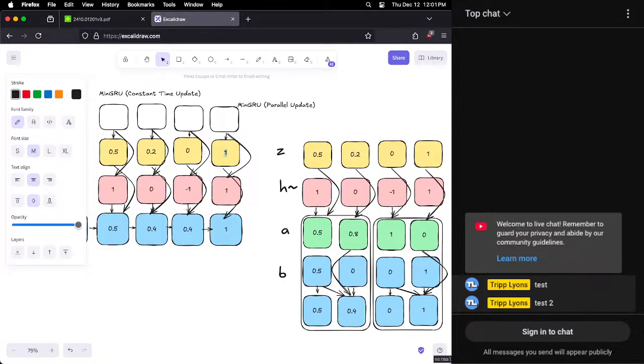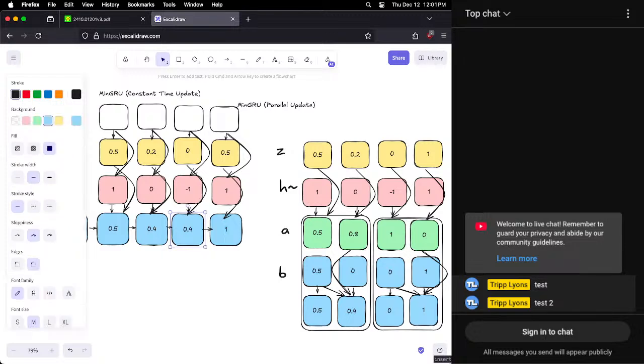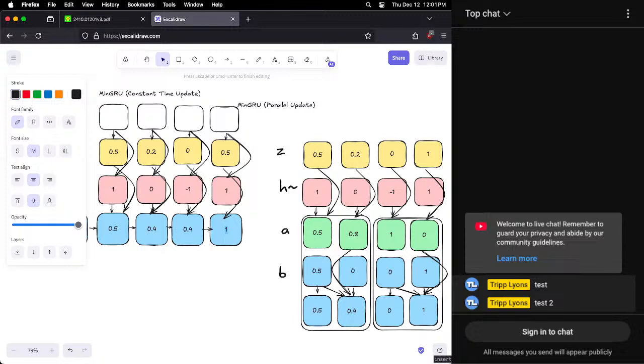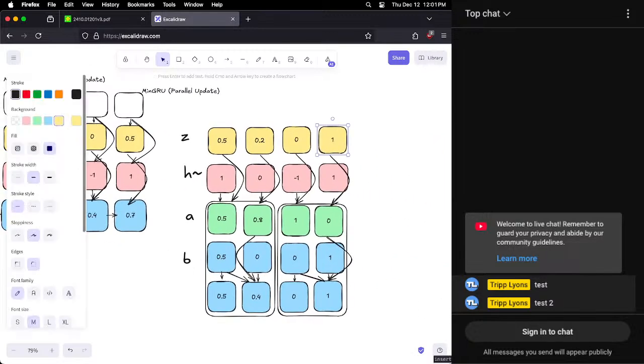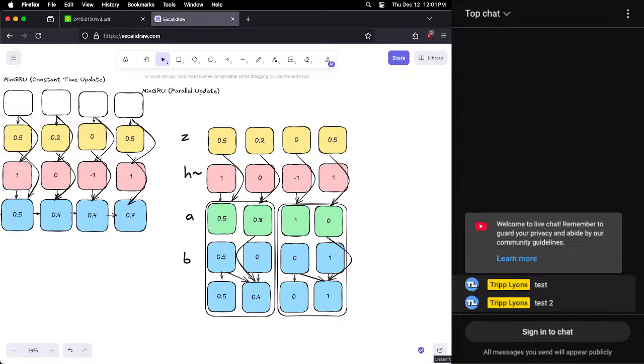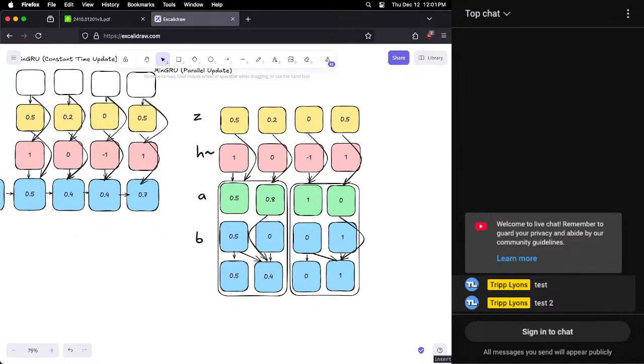Okay, let's actually make this even more interesting again. Here, it's gonna be half of 1 and half of 0.4. That'll be 0.7. Yeah. Okay. So if we make this example a little more complicated again, we get 0.5 times 1.